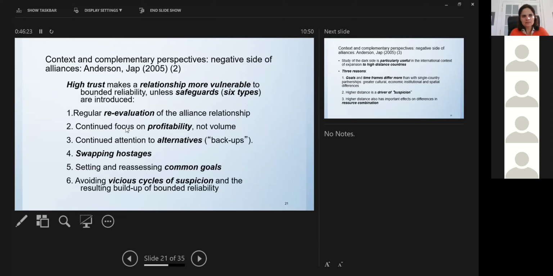The first recommendation is to install a regular re-evaluation of the alliance relationship. So to bring in new evaluators, for example, external people from the board, people who are not in the departments involved in the alliance, but outsiders, still insiders in the company, and to see, okay, what is now the balance?